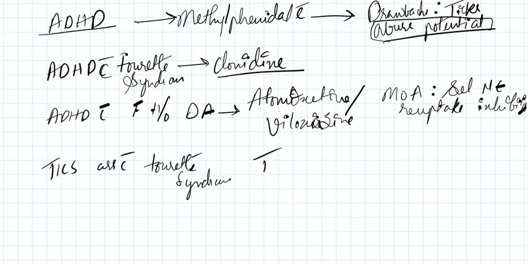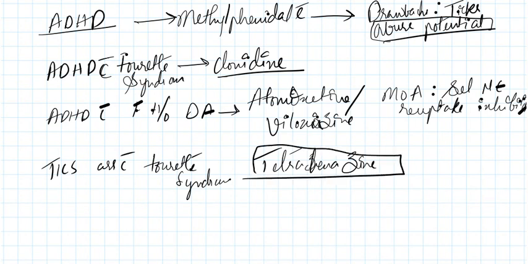Now, if the patient has a tics condition associated with Tourette syndrome, then the drug of choice will be tetrabenazine. I think previously, in the initial classes, we discussed tetrabenazine when we were combining the sympathetic, parasympathetic, parasympatholytic and sympatholytic drugs.